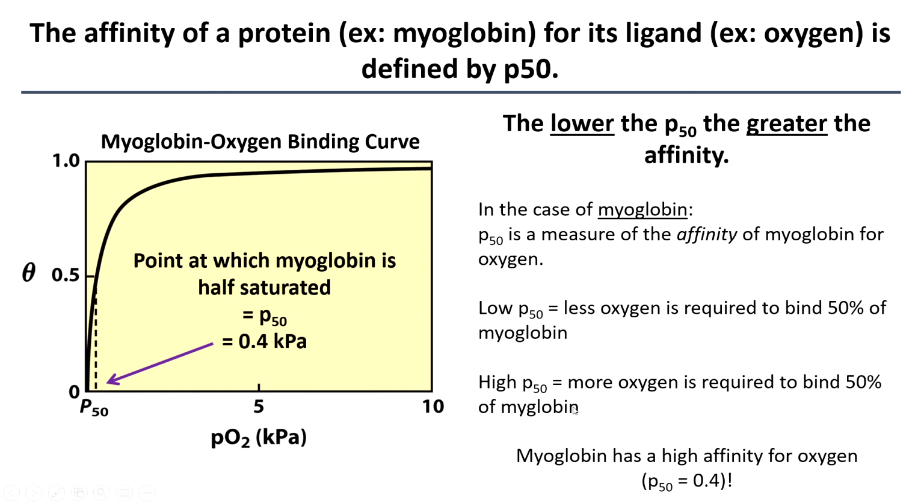So a high P50 means low affinity. A low P50 means high affinity. Because myoglobin has a very low P50, that means it has a very high affinity for binding oxygen. And so whenever oxygen is present in the tissues, myoglobin will grab it up very quickly and hang on to it. And most of the myoglobins in your tissue remain saturated with oxygen until they release it for use by your cells for cellular respiration.